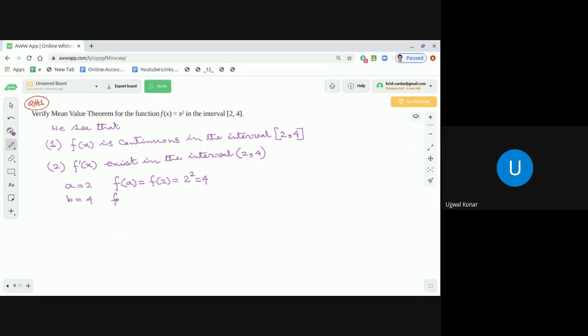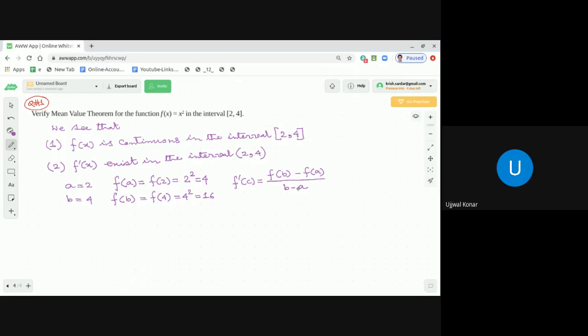And what is the value of the function at b? f(b) is f(4), that is equal to 4 square, and that is equal to 16. So now, dear students, according to the mean value theorem, we need to find a point c such that f dash c is equal to (f(b) minus f(a)) by (b minus a).